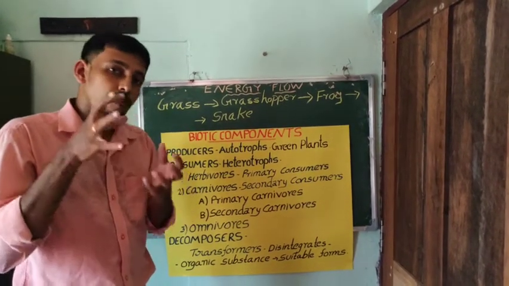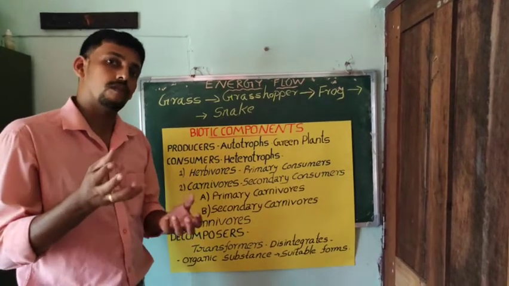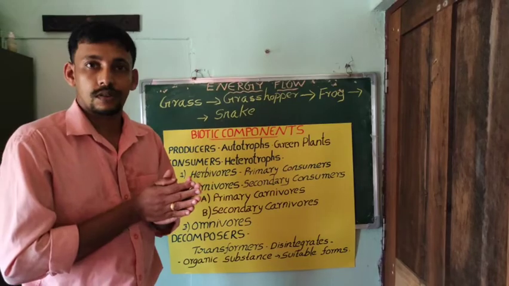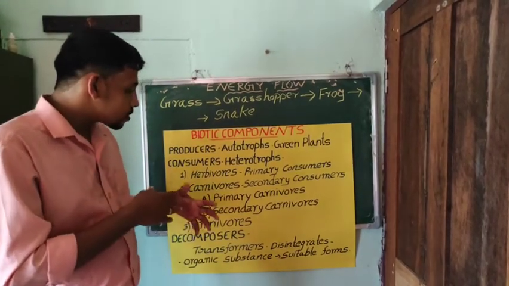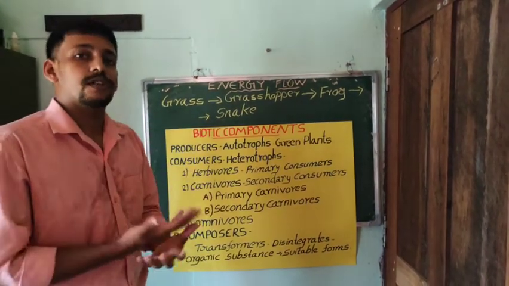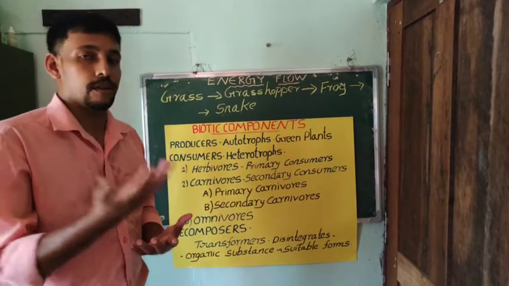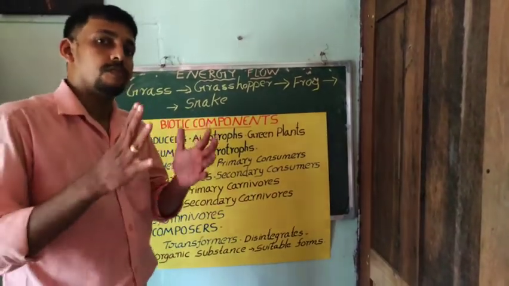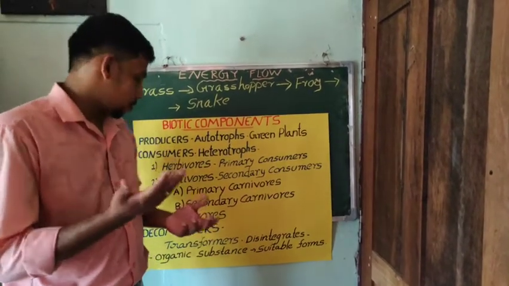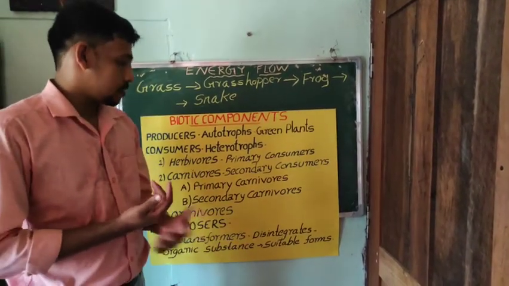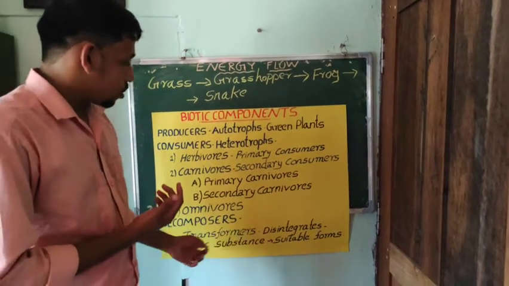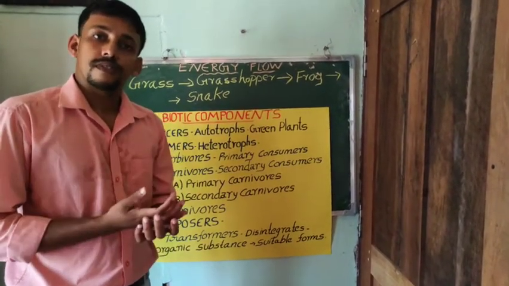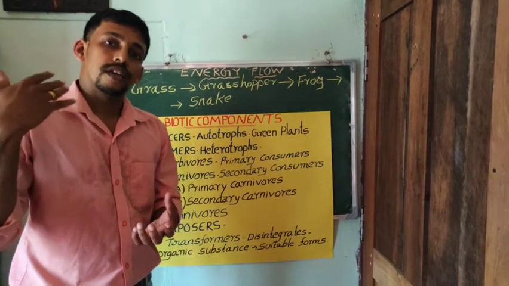The decomposers also include a special type of bacteria known as the transformers. They disintegrate the organic substance into suitable forms that can be taken up by the plants.